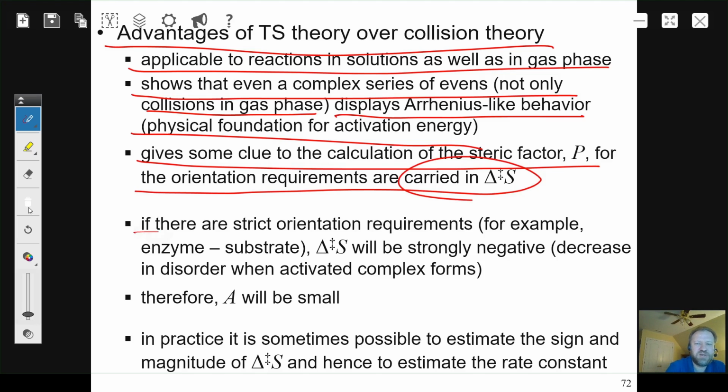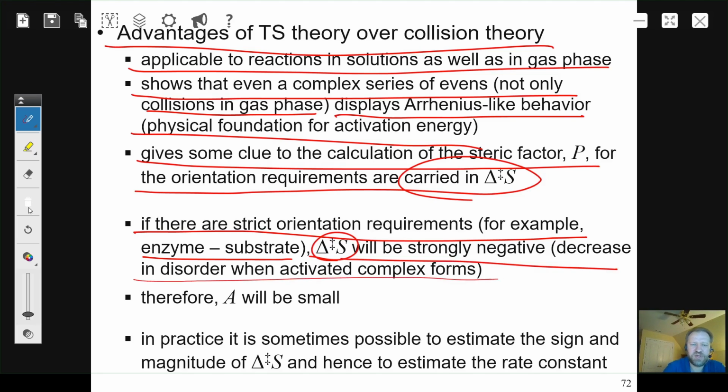For example, if there are strict orientation requirements, such as enzyme substrate, then activation entropy will be strongly negative because a decrease in disorder takes place when the activated complex forms, and therefore we expect the frequency factor per exponential factor to be small.